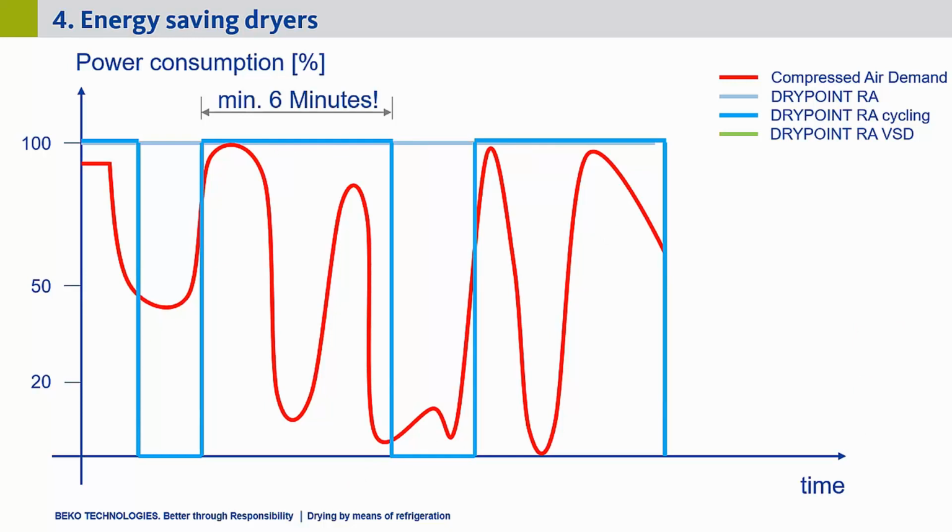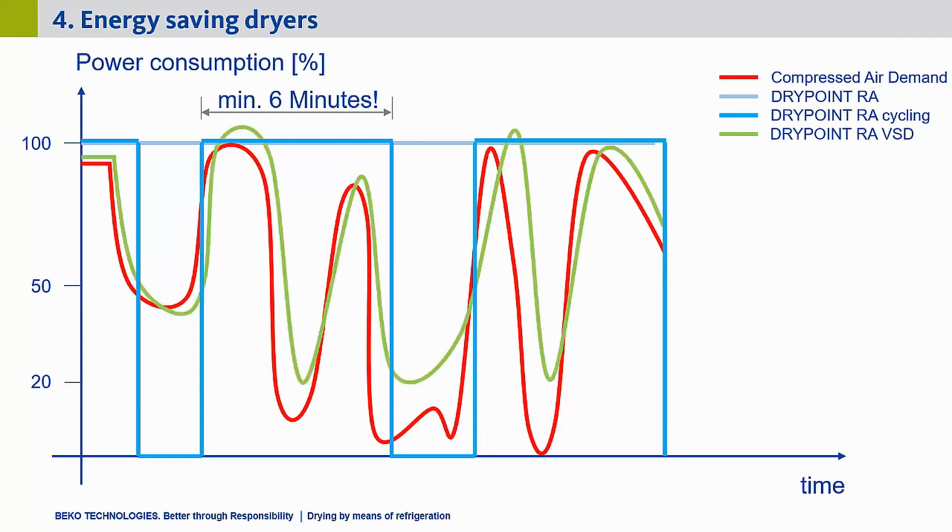Now let's have a look at how a VSD dryer works. So a VSD dryer would look somehow like this, the green curve. The VSD dryer follows the actual demand on compressed air pretty well. This is also because the VSD dryer knows more values than the actual cycling dryers.